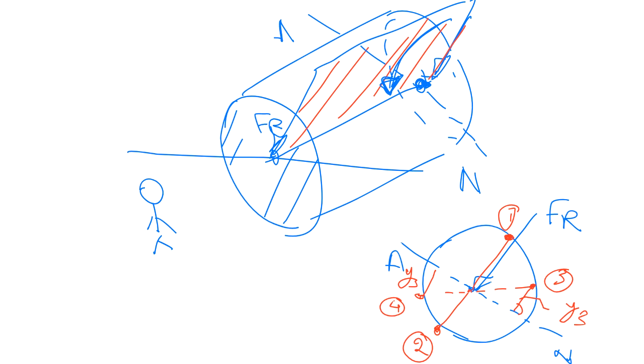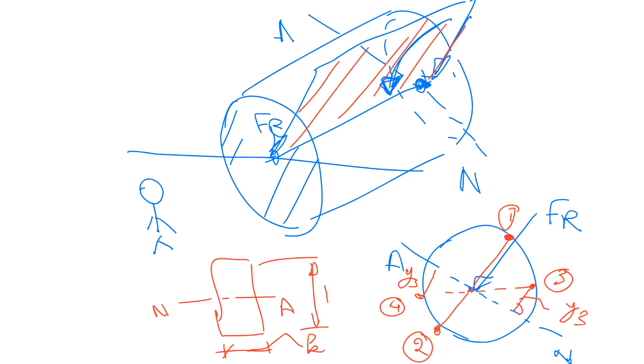For example, let's start with another simple shape. What will be the second moment of inertia for this simple shape, guys? Assuming that this is your neutral axis, and assuming that this distance is k, and this distance is h.